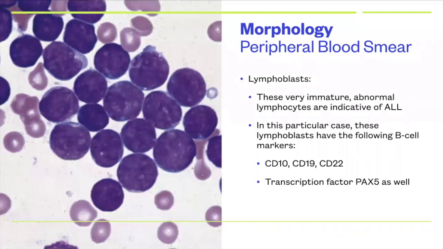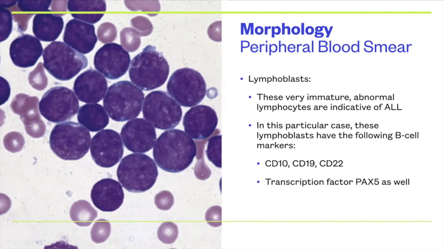Like I mentioned, we have a patient in whom we suspect acute lymphoblastic leukemia. We need to do a peripheral blood smear and look at the morphology. And this is essentially going to give us a diagnosis. We're going to see these immature looking cells, lymphoblasts. Now, this is not enough to make a definitive diagnosis.